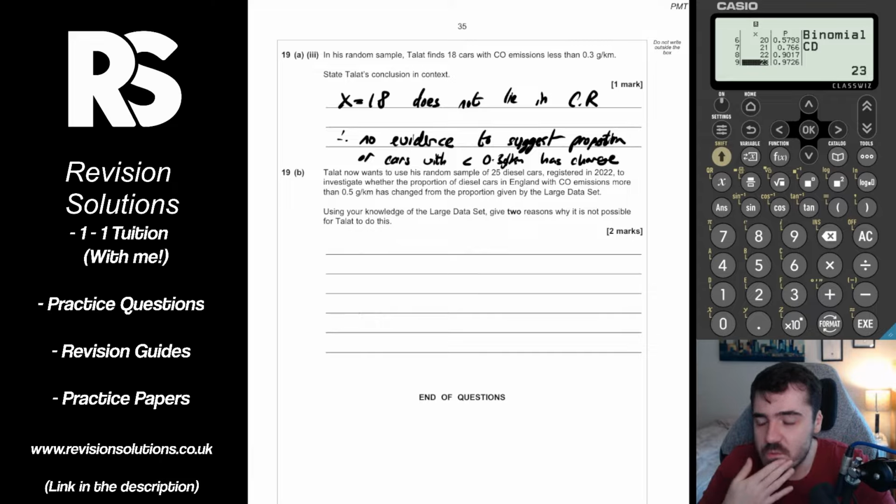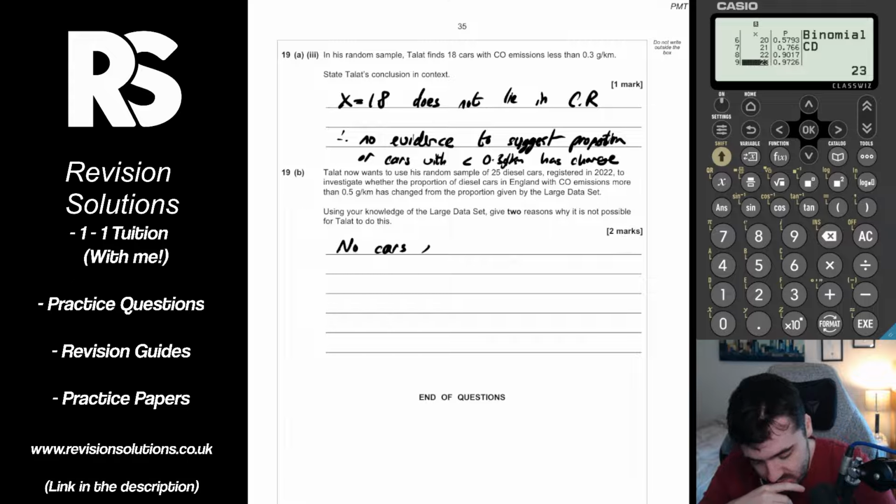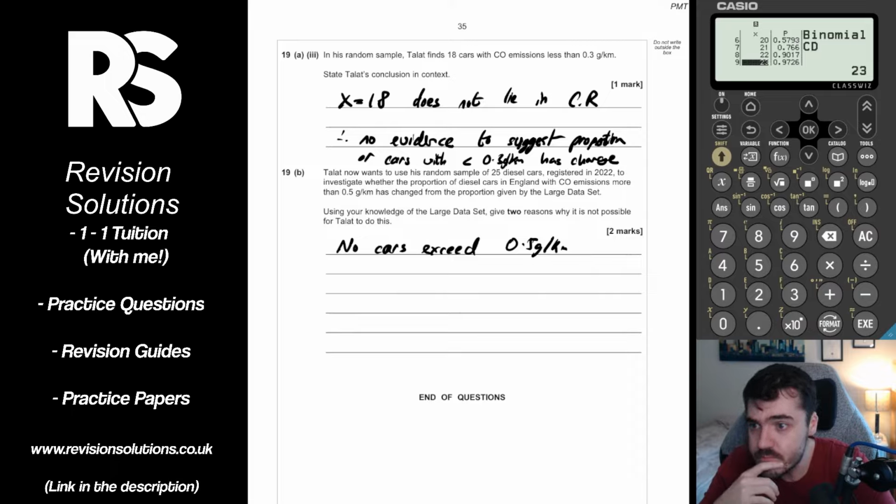So this is where you just have to remember some facts about extreme values of the data, what the data actually is. So one reason they'll accept would be there are no cars exceeding 0.5 grams per kilometer CO emissions.